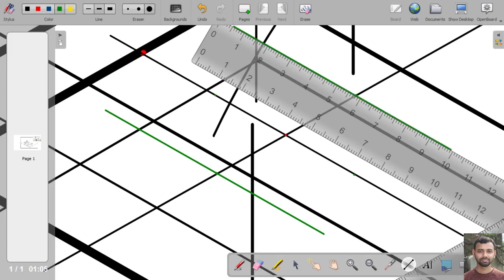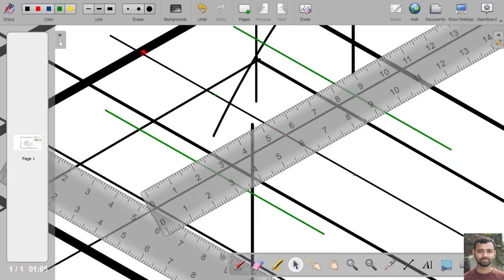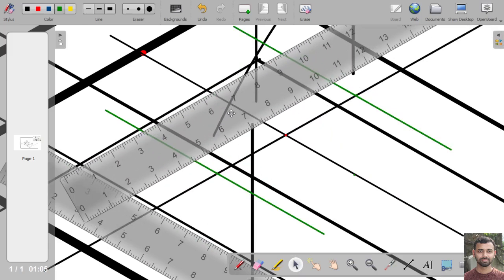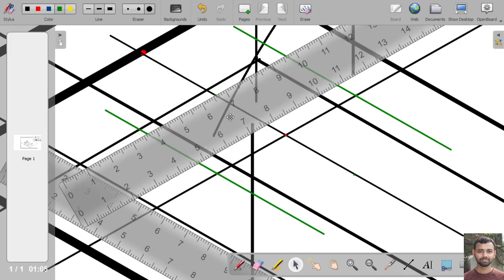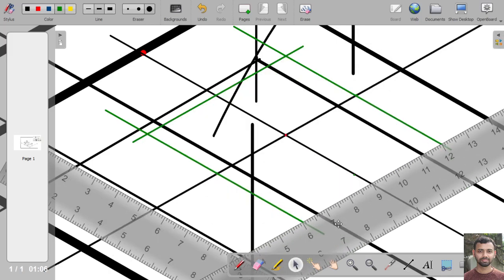Okay. Now with the help of this scale, and then at this point also.